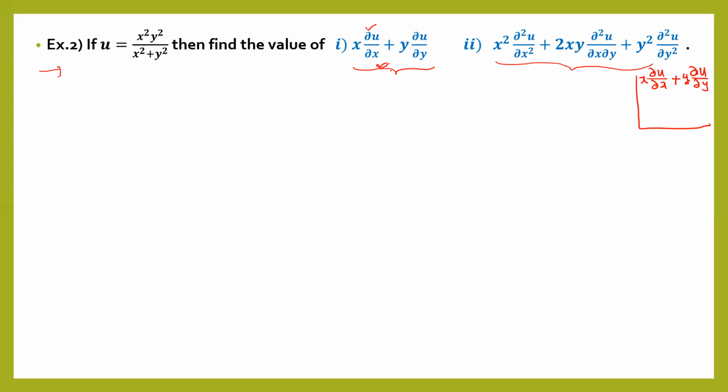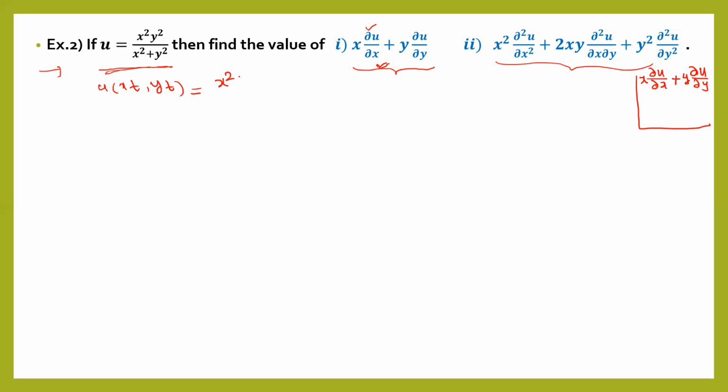you can think about Euler's theorem, but Euler's theorem is applicable if your function is homogeneous. So first of all, we must know whether this function is homogeneous or not. For that, we'll replace x by xt, y by yt. Replacing x by xt, y by yt, what will be here?